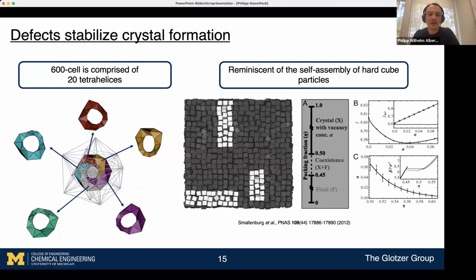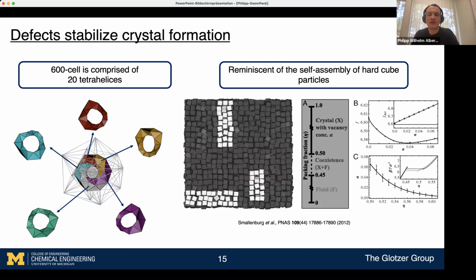And here it seems like it's also very easy to integrate defects because the tetrahedron can just glide along this tetrahelix. And therefore, integrating defects is less costly entropically than in other crystals.